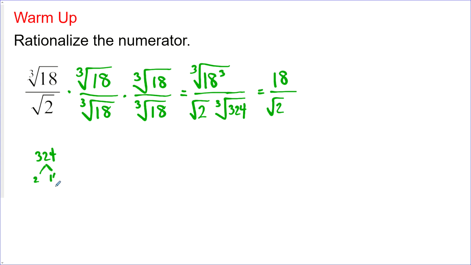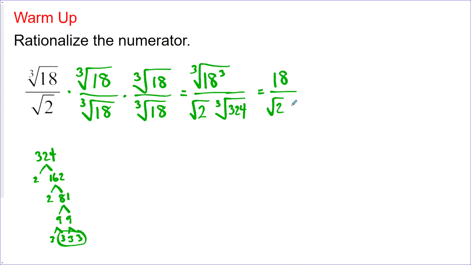into 2 and 162, 2 and 81, 9 and 9, and 3 and 3 and 3 and 3. 2 2s, and there is a perfect cube right there. So let's get that out.